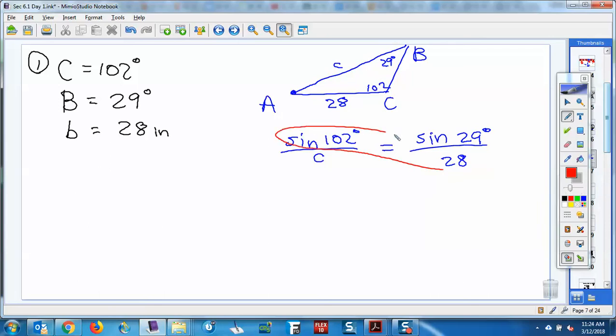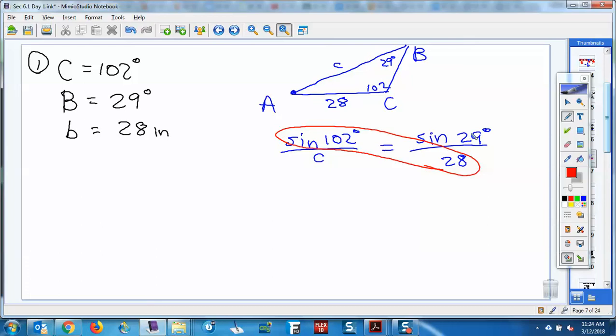You cross multiply here, and then divide by this one, which gives you the missing one. You don't need to write it as an equation, because then that gets tricky, with the C on the bottom. With law of sines, we're going to cross multiply.